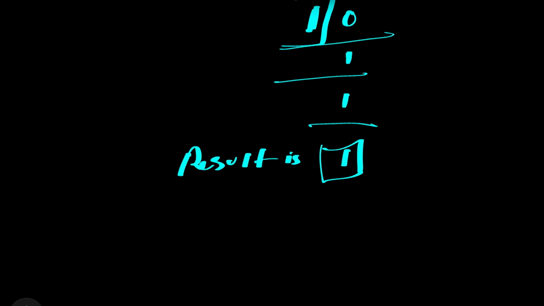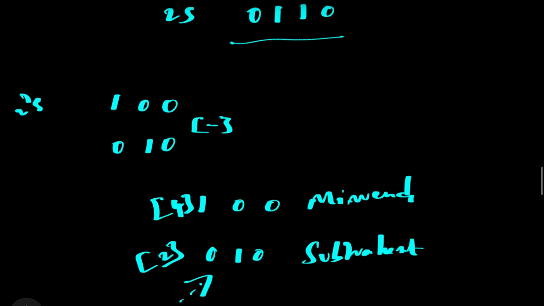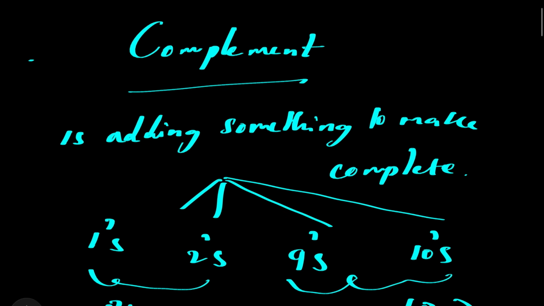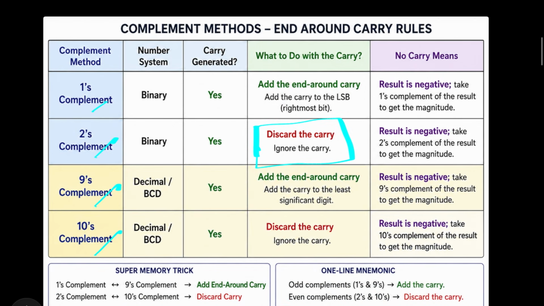And similarly for the 2's complement and 10's complement, we look for the carry. If there is a carry, the carry will be ignored. If there is no carry, then it's treated as a negative number. It's quite important. That's why I'm making you memorize this particular table. So this one is quite important.